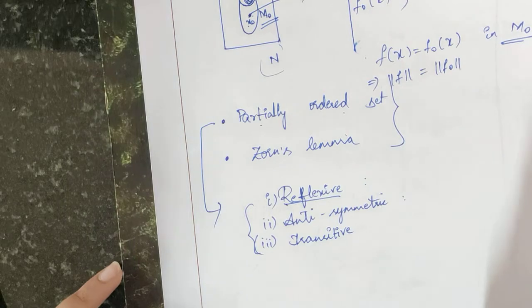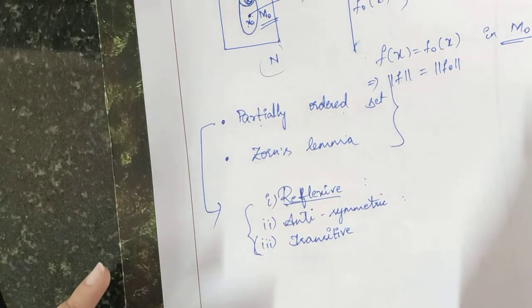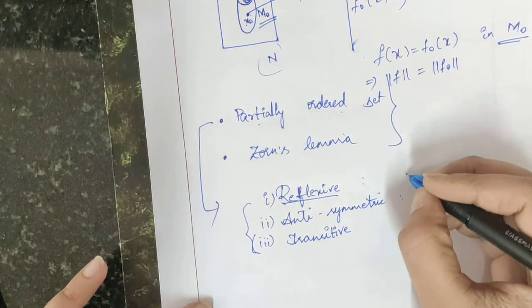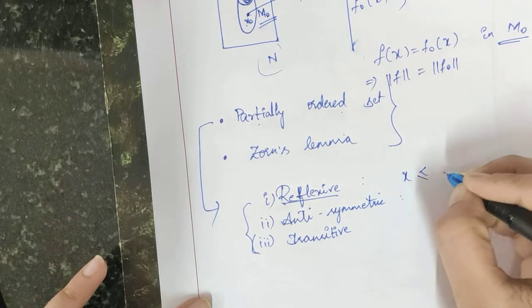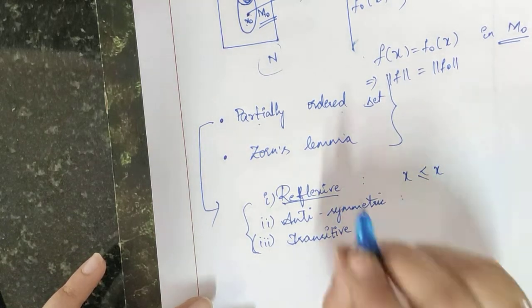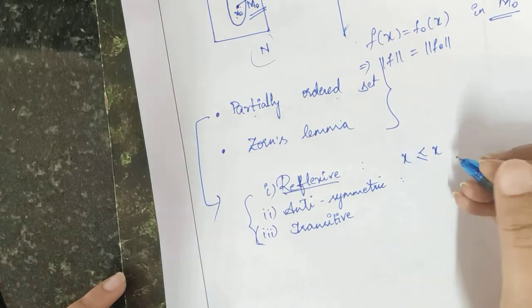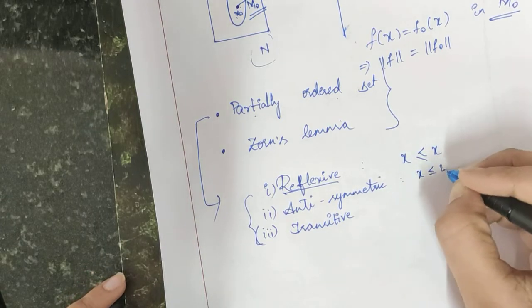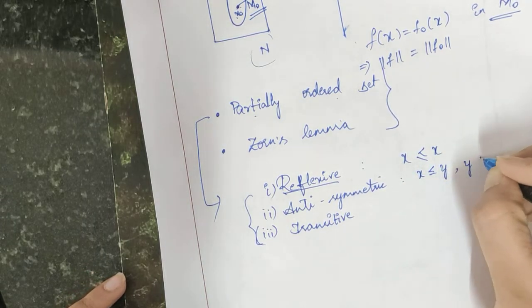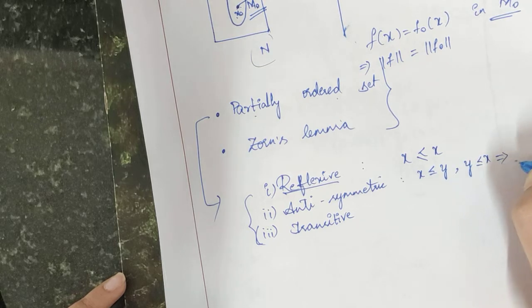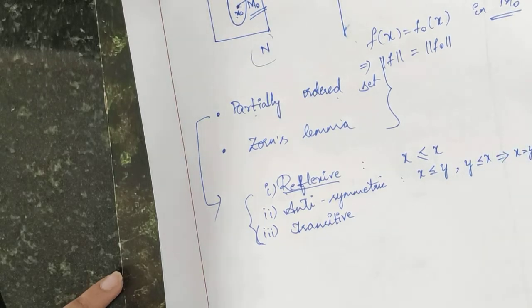What is the condition to satisfy reflexive? If I choose some element x and x is less than or equal to x, you can say that it is reflexive. For anti-symmetric, if x is less than or equal to y, and y is less than or equal to x, this implies x is equal to y.